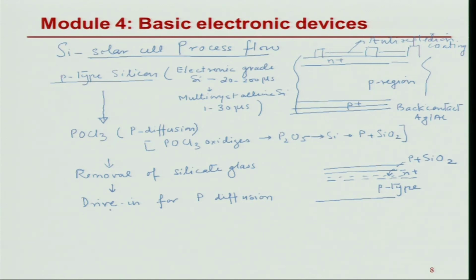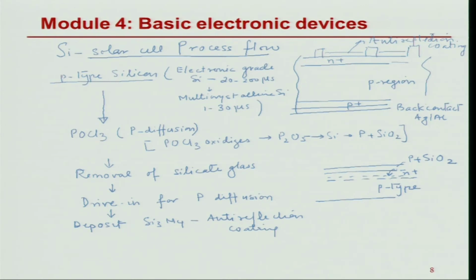Okay. Then I am going to etch the surface. I am going to deposit silicon nitride or some anti-reflection coating onto this particular surface.